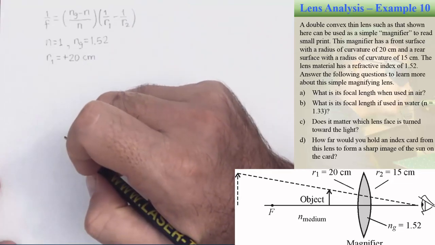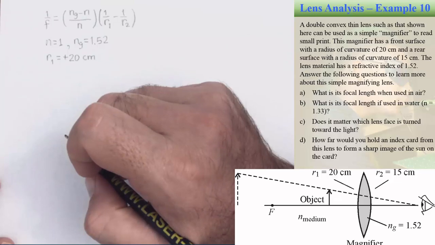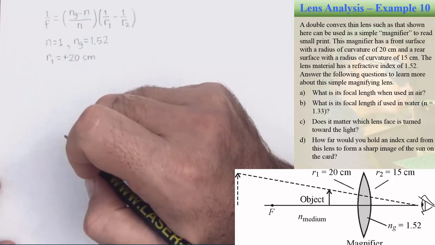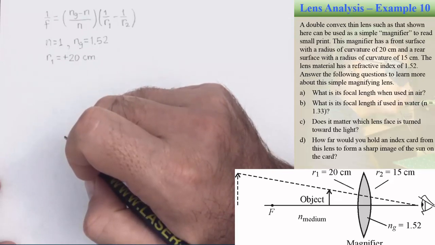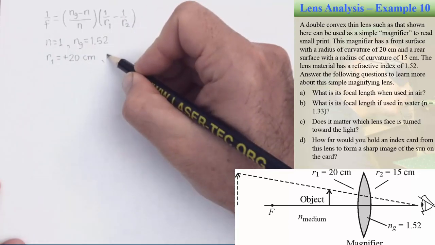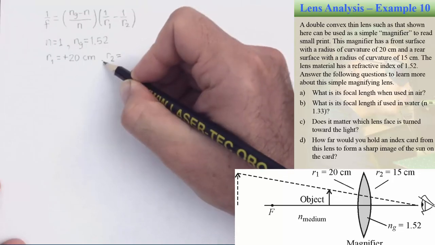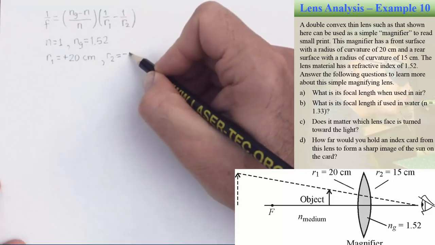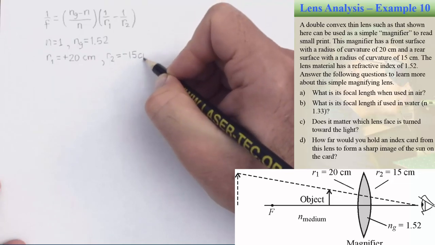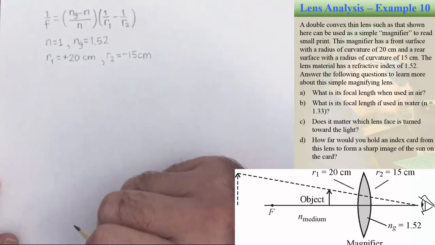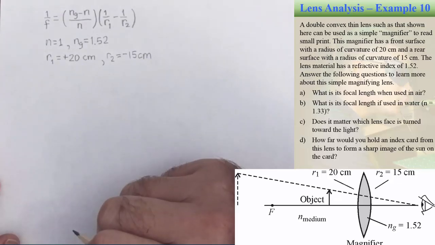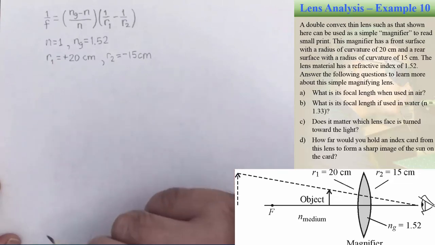However, the rear surface for the light that's passing from the left to the right is to be considered concave, so the radius of curvature of the back surface is to be taken with a negative sign. So what's left is to substitute all these values into the Lensmaker formula and calculate the focal length.